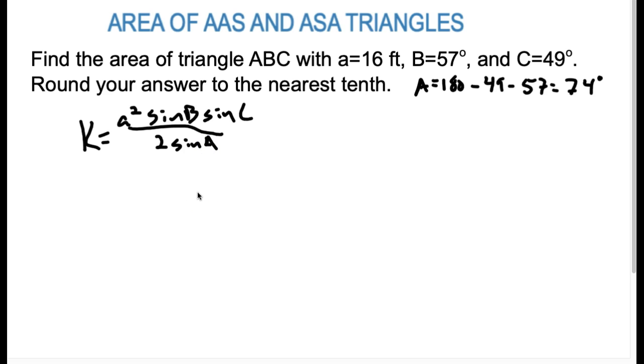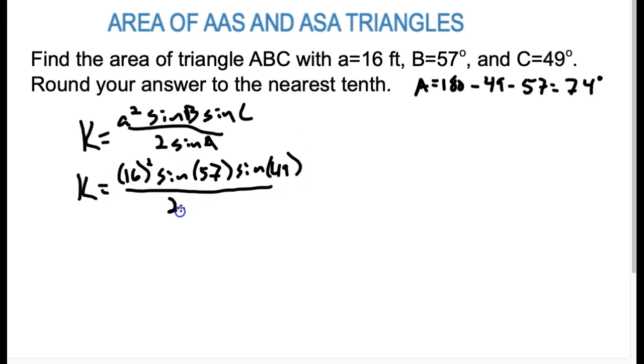All right, so plug numbers in. We'll have 16 squared times the sine of 57 times the sine of 49 all over 2 times the sine of 74 degrees.